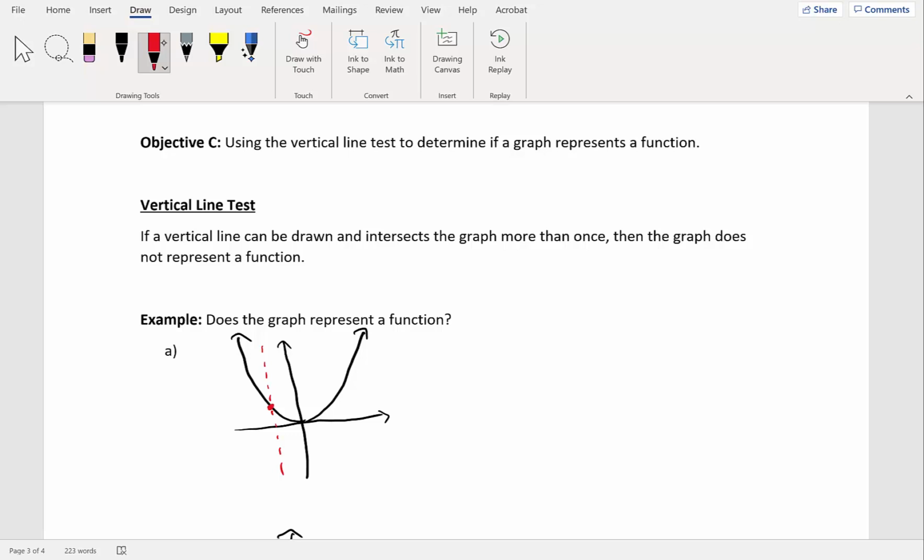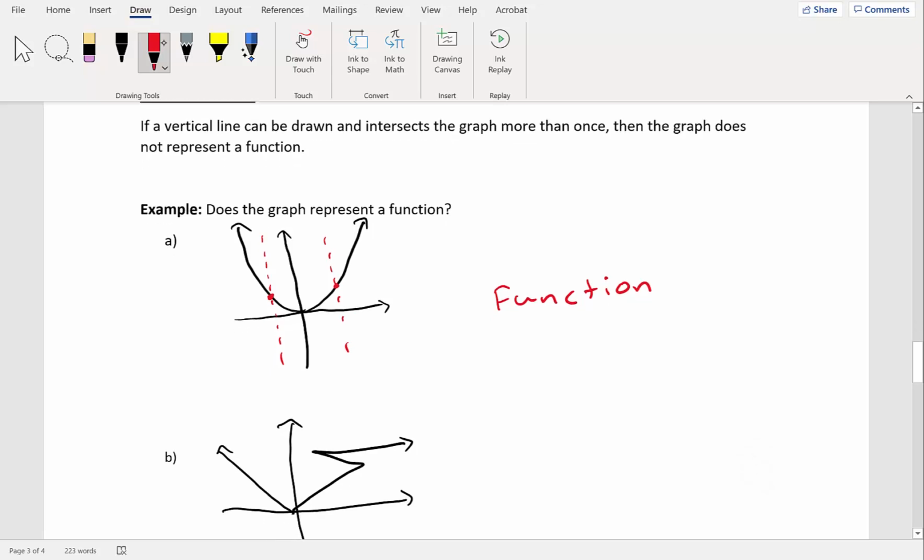As a matter of fact, no matter where I draw my vertical line, it's still only going to intersect it one time. Since I can't draw a vertical line where it intersects the graph more than once, that means that this graph represents a function. Because every x value corresponds to exactly one y value.